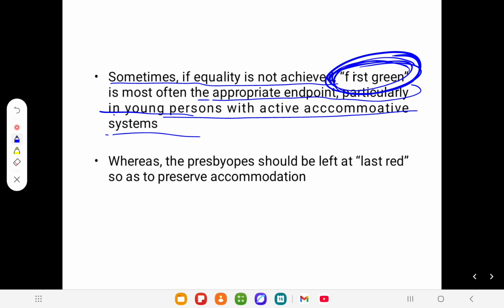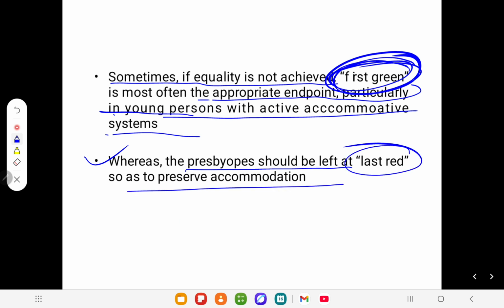That's my personal suggestion, but you can find out by doing your own practice, because that's better for you as an individual. But see this second point, whereas in presbyopia it should be left at last red, so to preserve the accommodation I always prefer this second point.